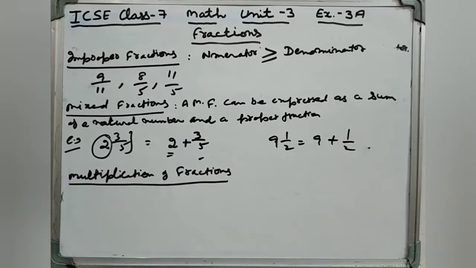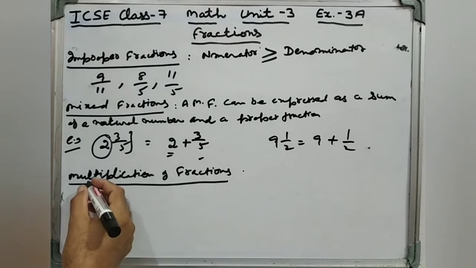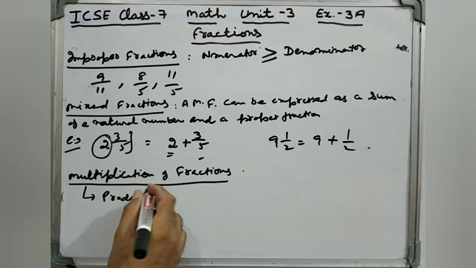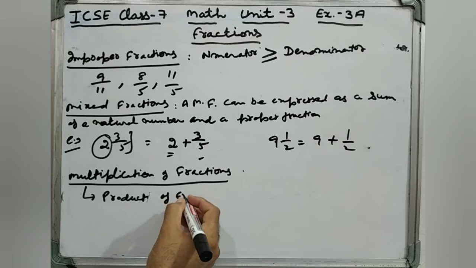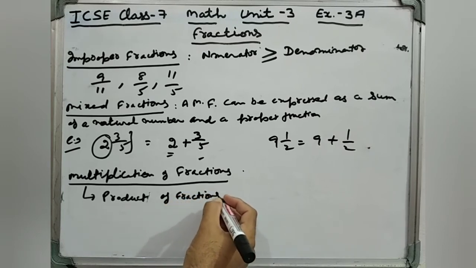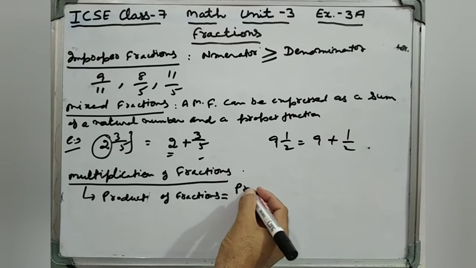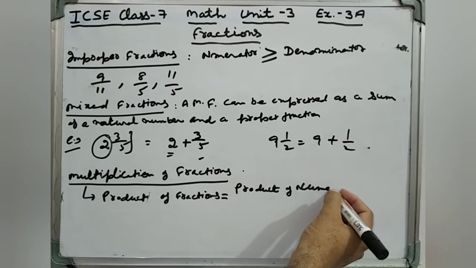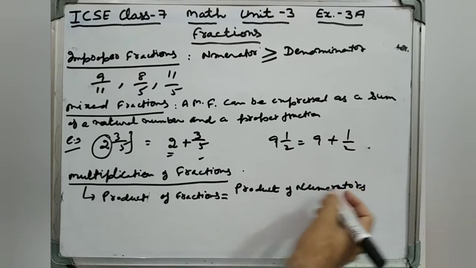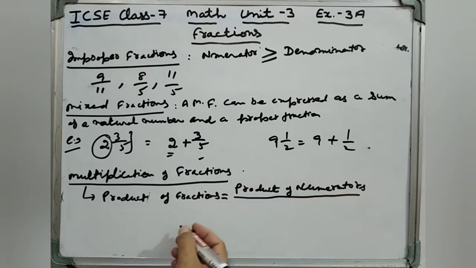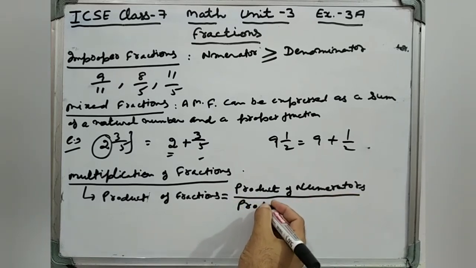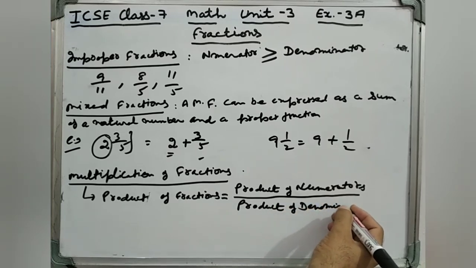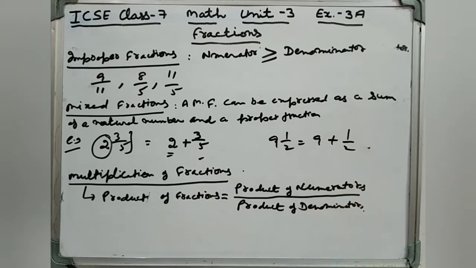Multiplication means the product of fractions is equal to the product of numerators upon the product of denominators, right?